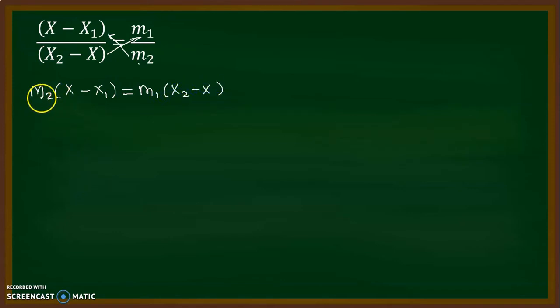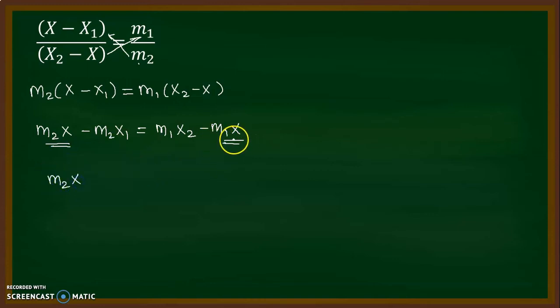Now if you multiply this m2 into the bracket, here we will get m2x minus m2x1 is equal to m1x2 minus m1x. Now here we wish to find out the value of x. So on rearranging this equation, put this m1x into the left hand side, so it becomes plus m1x.